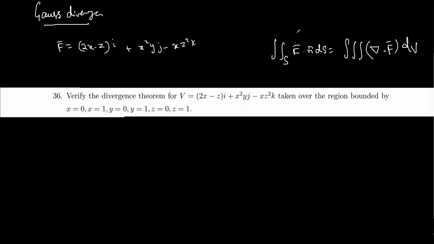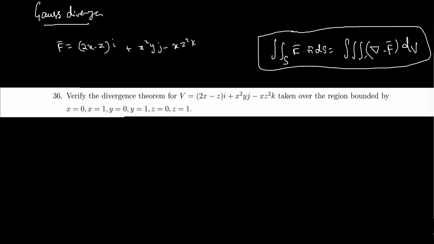First I write what we are getting. When you are going to integrate F dot n dS, you can also integrate with a triple integration. Here you have to use the divergence theorem. In Stokes theorem you used curl, and here you are using divergence. Okay. So in the divergence theorem, take the dot product. So first we find the dot product with F, right?